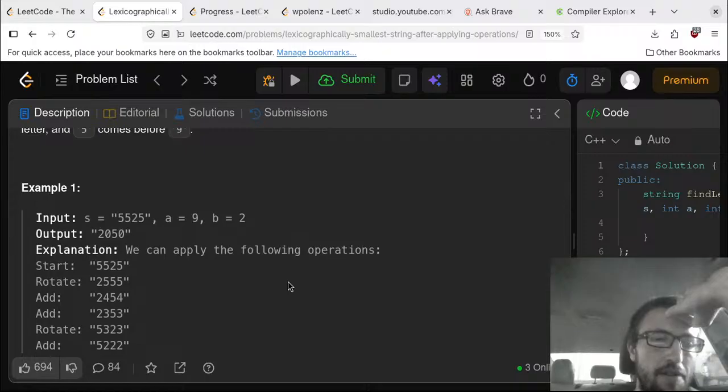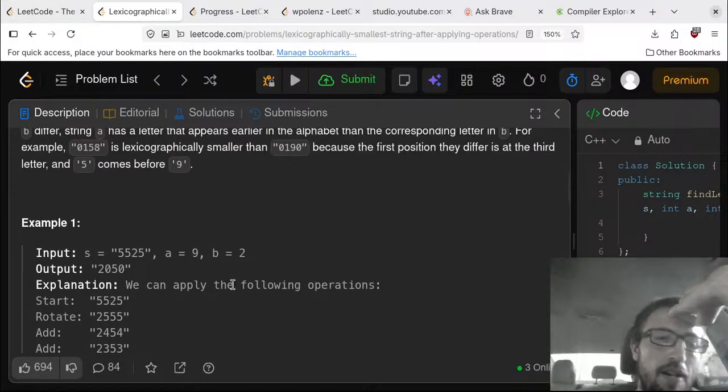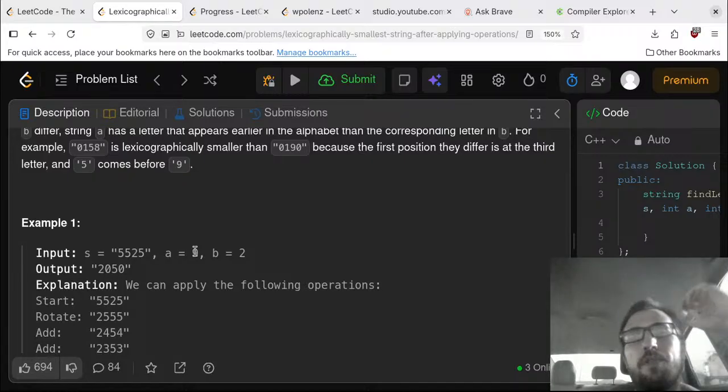So let's think about B for a moment. So A, I can characterize the possibilities for the string basically as the different states. Take the GCD of A and 10, and that tells me how many states there are that are possible.